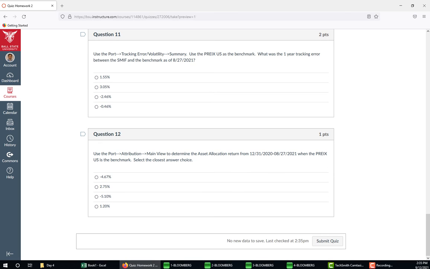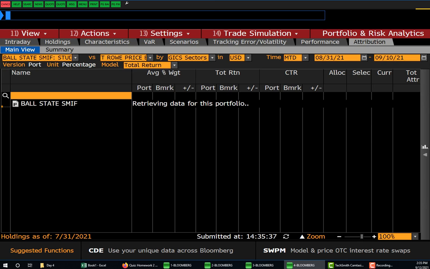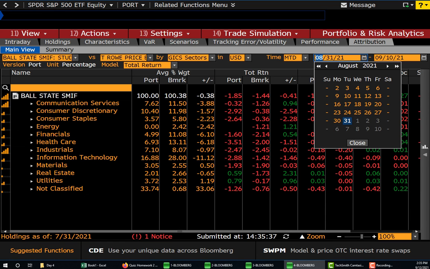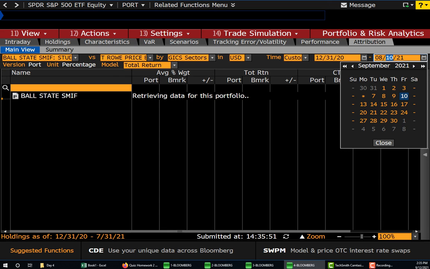Okay, next, use the asset allocation function to determine our asset allocation return between these dates. So we'll go to attribution, and we'll go to main view, and we'll need to change the dates here. So 12/31/20 to 8/27/21.